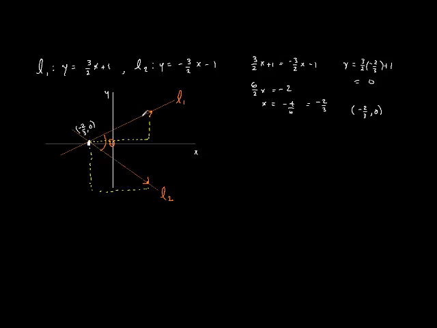Now let's find another point on line L1. Let's choose x at 2 here. I do that because I'm dividing by 2, so choosing a multiple of 2 will make it easier for me to apply this formula. When I replace x by 2 in line 1, I get 3 over 2 times 2 is 3, plus 1, and so this height here is 4.